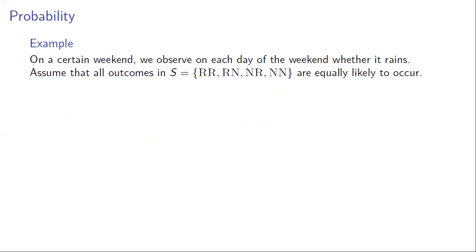You might say, well, maybe these two are both equally likely to occur. Okay, that's fair enough. But is it equally likely that it will rain both days and that it will not rain both days? Whatever. In certain places, it is true. But let's assume for simplicity that each of these 4 outcomes is equally likely to occur.